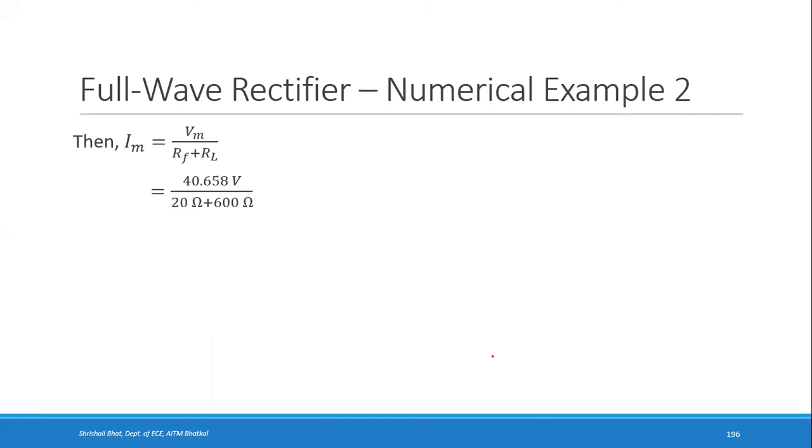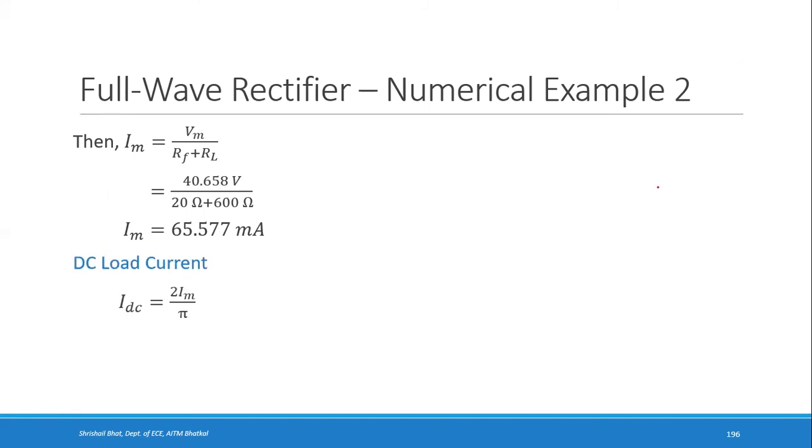If you calculate, you'll get the value of Im as 65.577, 65.58 approximately. Once you get Im, you can find IDC and IRMS. If you get IDC and IRMS, you can find input and output power. If you find input and output power, you can find efficiency.